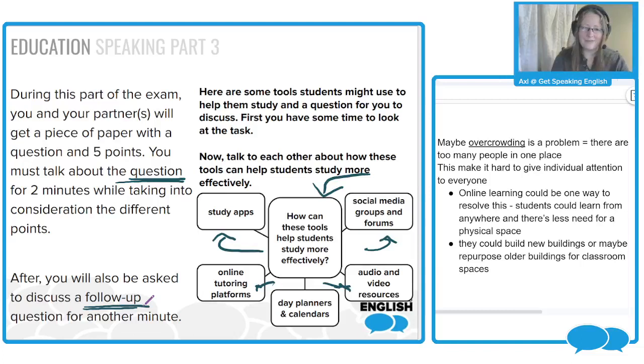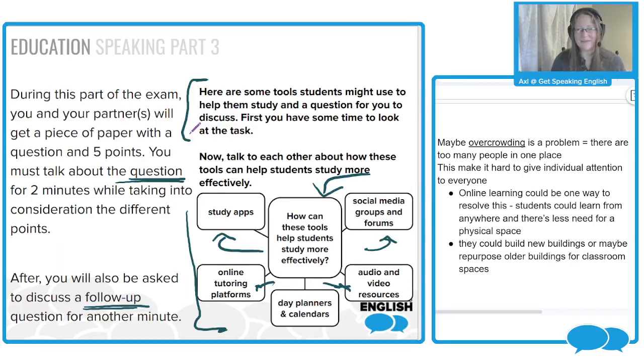Yeah, so you can see here that I have a rough idea of what it looks like. The examiner will basically reiterate what's written on the page. So here, for example, it says, here are some tools students might use to help them study, and a question for you to discuss.